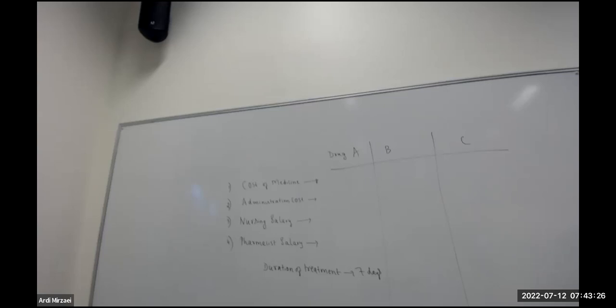Let us say for hypertension, there are 3-4 medicines having different effectiveness. So which one has less cost for the same effectiveness? I will work out the sum and then you will see.